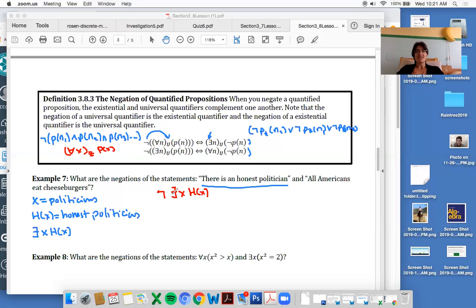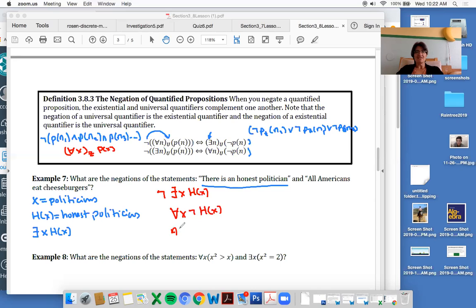When I negate the existential, the negation distributes in and it becomes the universal statement of the negation of the proposition. So now we can think, what does this statement say? Anyone care to try it out?